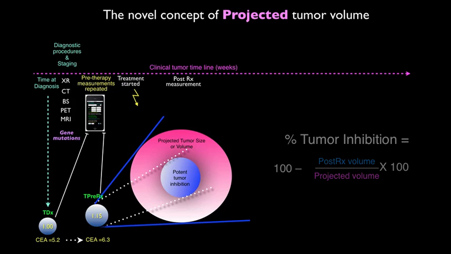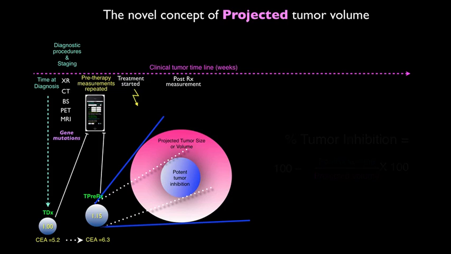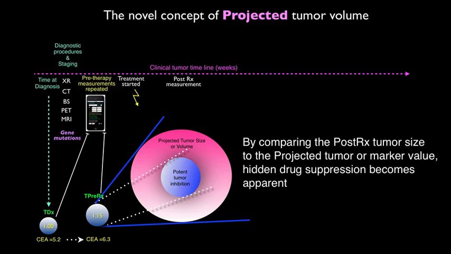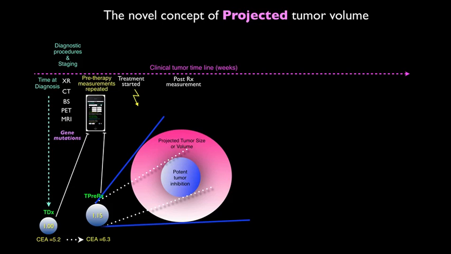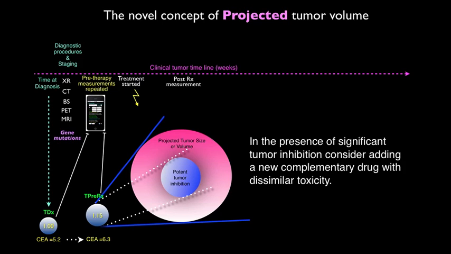If the CancerPal algorithm reveals potent tumor growth suppression in the face of a slight increase in tumor size, we would recommend, rather than completely discarding the treatment drug, a more prudent course would be to continue the therapy while adding an alternate drug with different toxicity and a different and possibly synergistic mechanism of action.